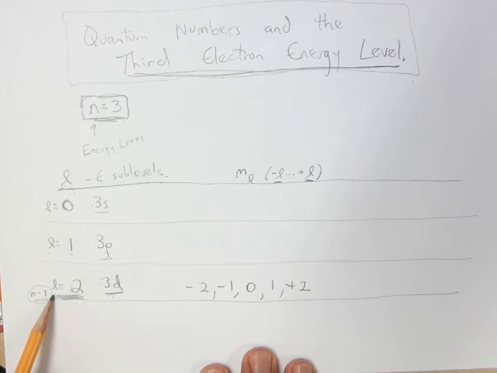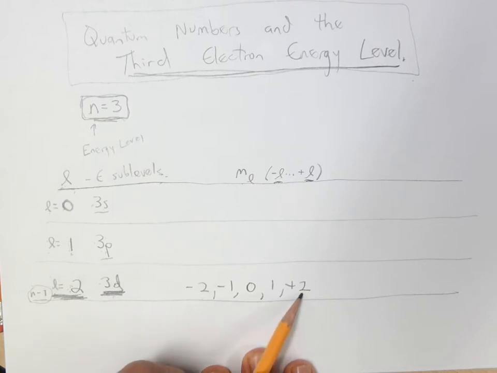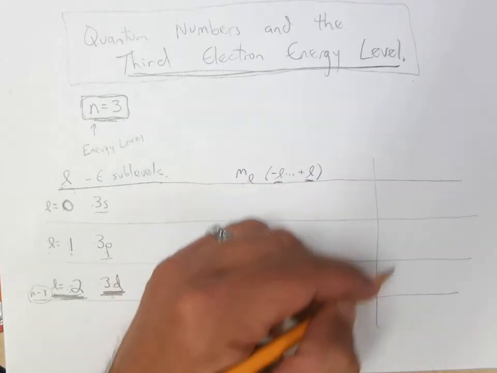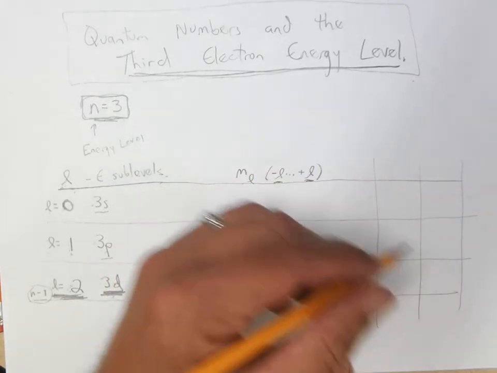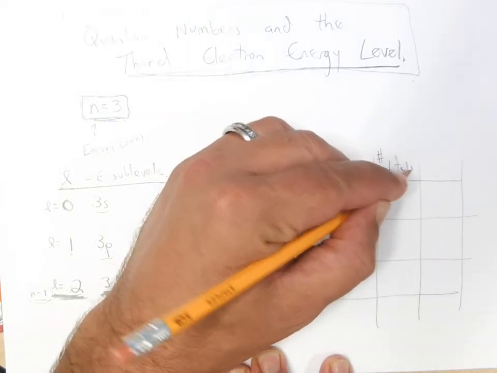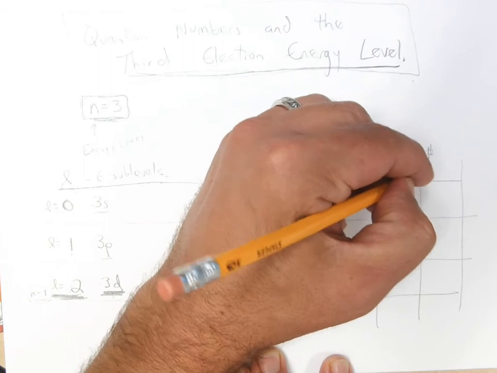If we know that L equals 2 is the 3D sublevel, and we start at minus 2 and go to plus 2, we find out there are 1, 2, 3, 4, 5 values of m sub L for the 3D sublevel, and that means there are 5 orbitals. So a lot of times I like to put little columns here for each sublevel. We want to know how many orbitals and then how many electrons.